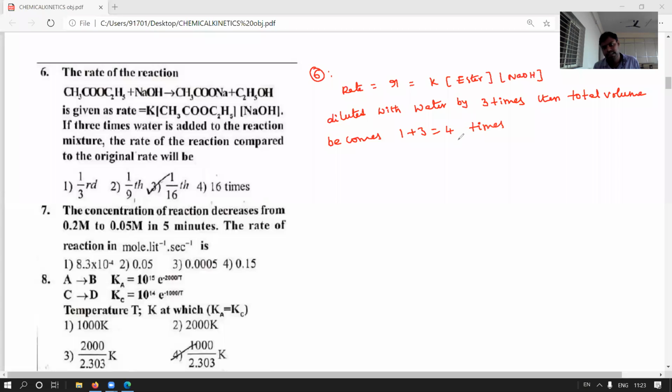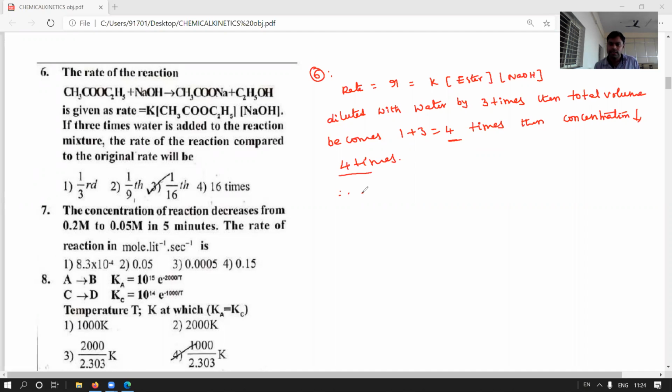If volume is increased by 4 times, then concentration is decreased by 4 times. So on dilution with water by 3 times, the total volume increases by 4 times, and the concentration decreases by 4 times.